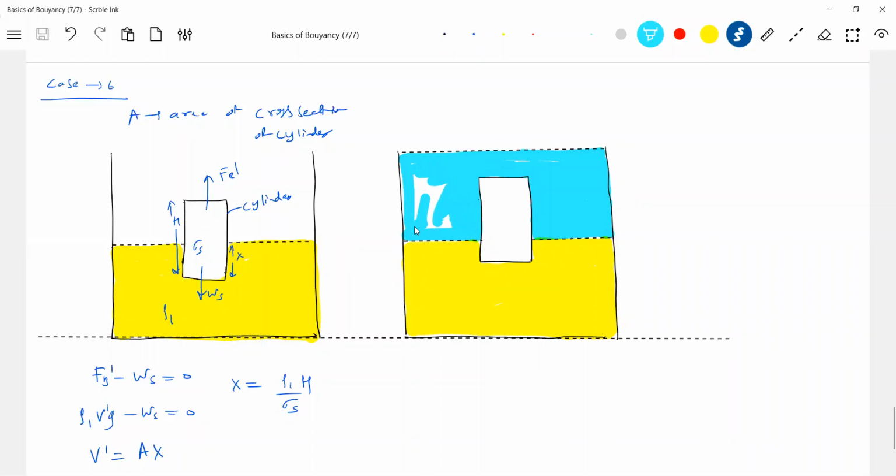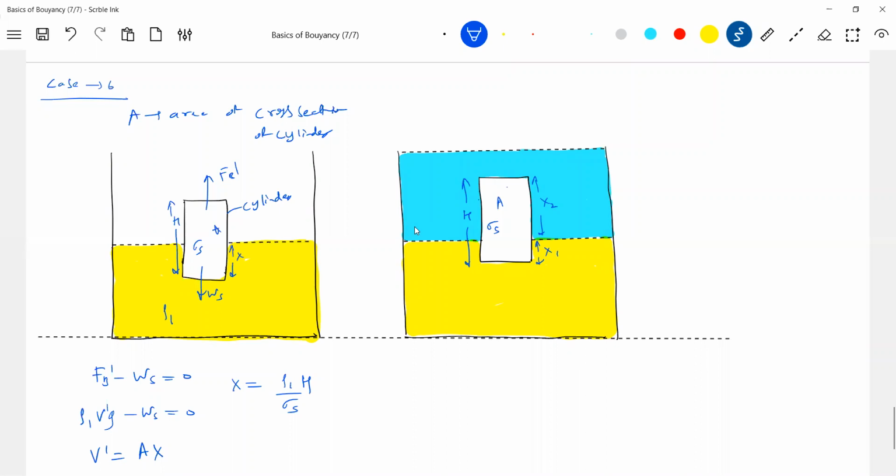How to calculate what length is immersed in the individual liquids? That's what we are trying to find, an equation here. Now this is the solid, some x1 we will call it, and let this be x2 length. The total is H as it is, the same cylinder, area of cross section A.